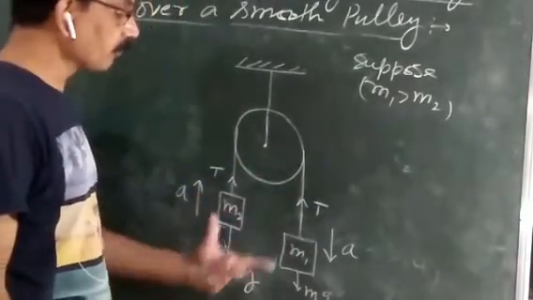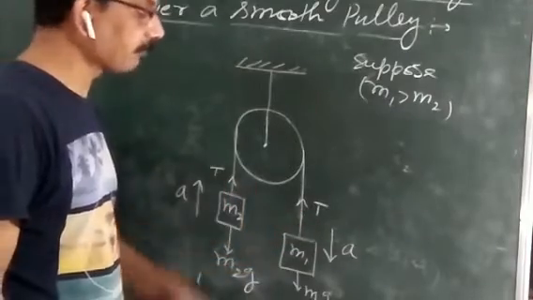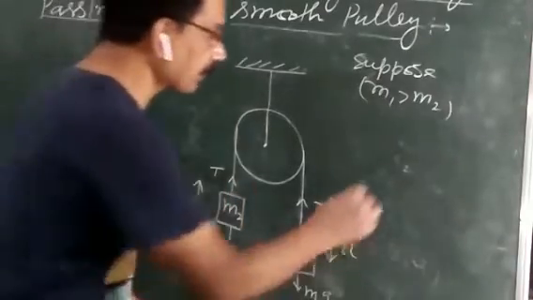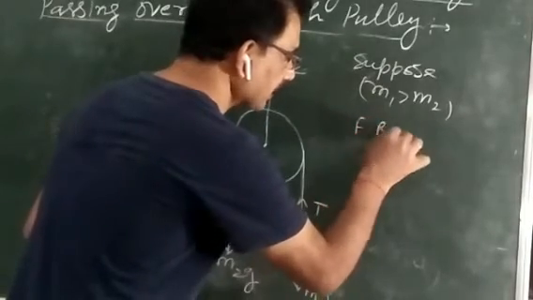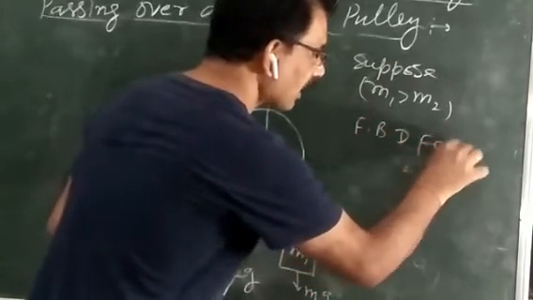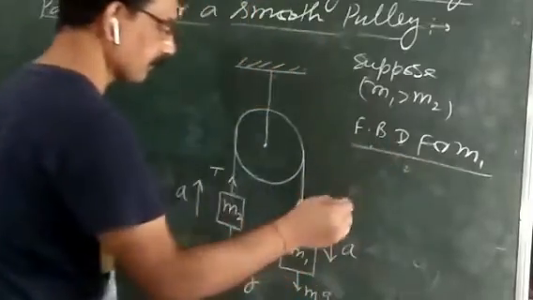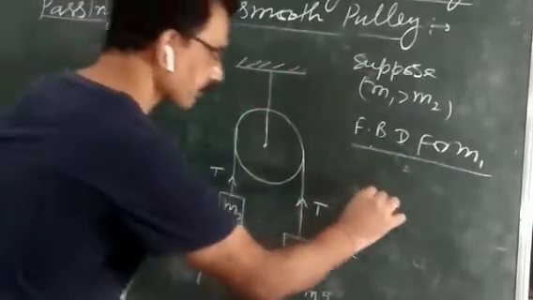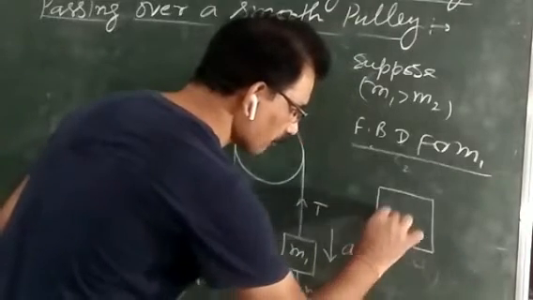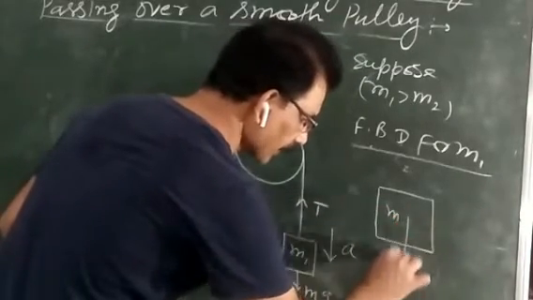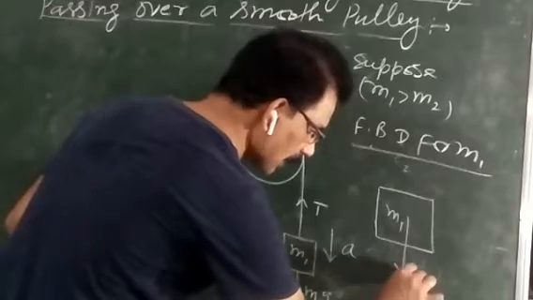And now you see, when you draw a free body diagram for this mass M1, how can you draw it? Free body diagram for mass M1. Look here. This one is mass M1. Its weight M1g will act downward.